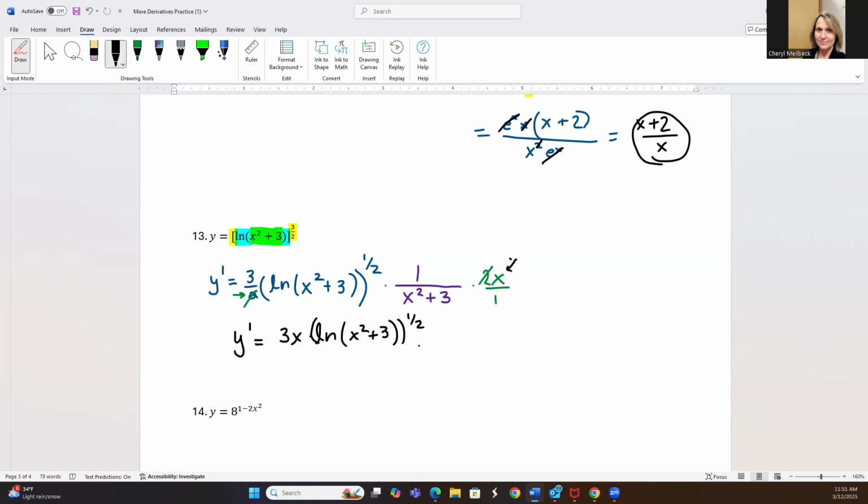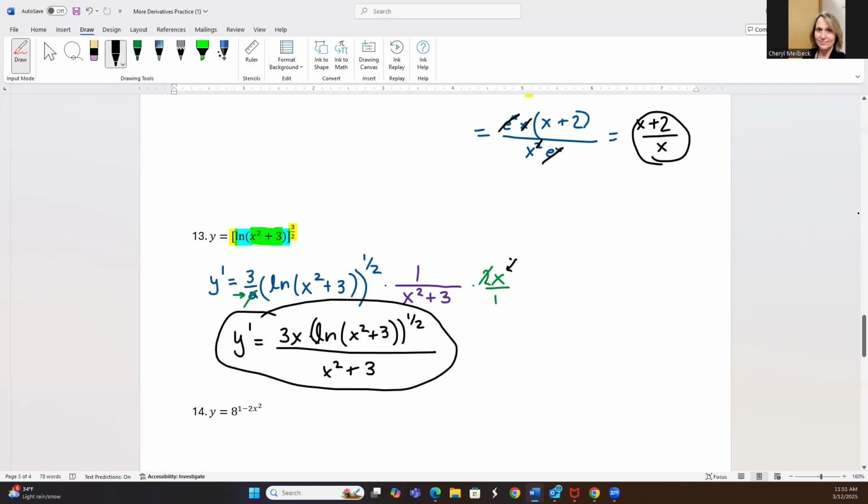And that's all that's in our numerator. What's left in our denominator is x squared plus 3. And of course, we can't cancel this x squared or that 3 because they are not being multiplied. So our denominator can't cancel with anything in our numerator. And that is our final answer.